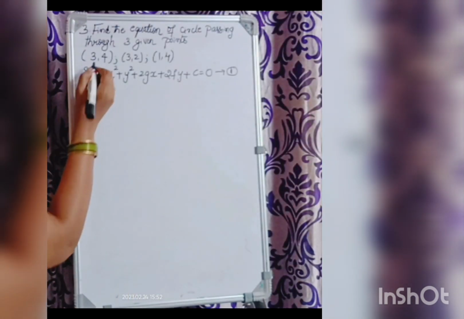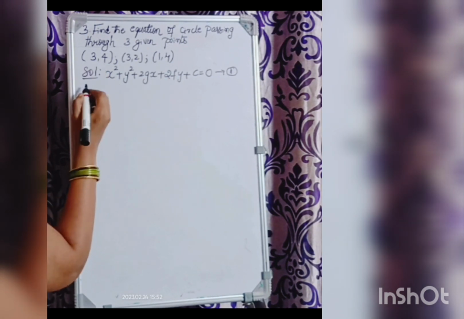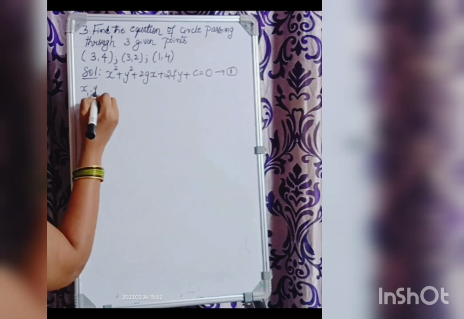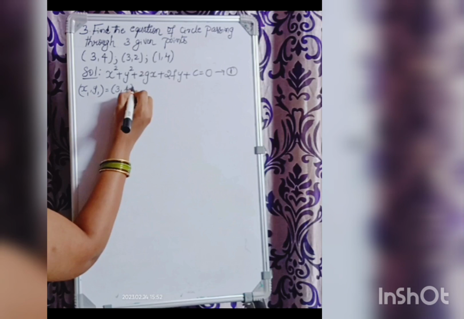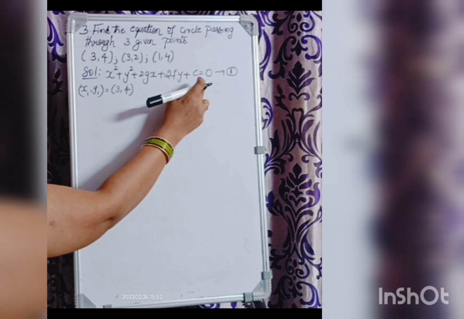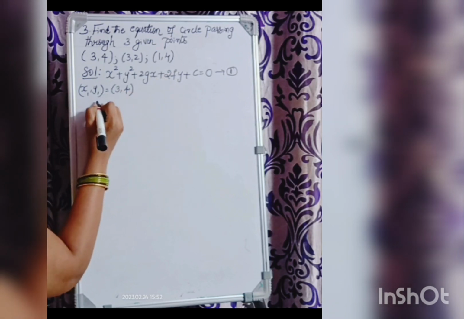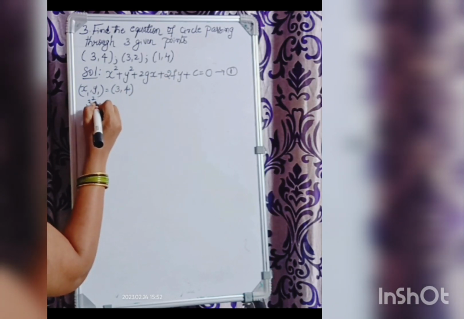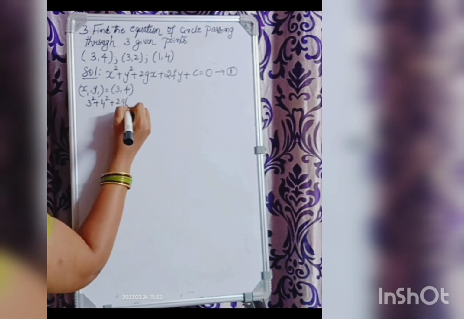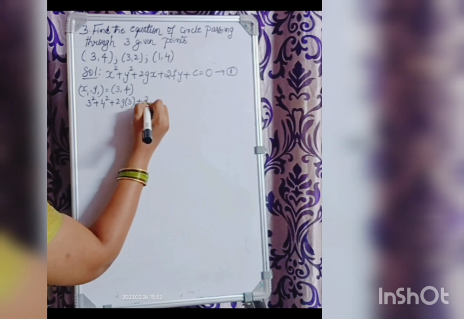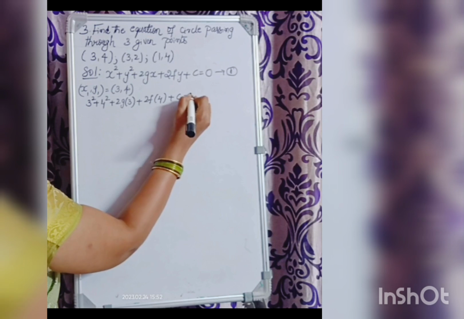Since the point (3, 4) passes through this circle, I'll call this (x1, y1), which is (3, 4), and it satisfies equation 1. Therefore, substituting these values in equation 1, x² + y² + 2gx + 2fy + c = 0.